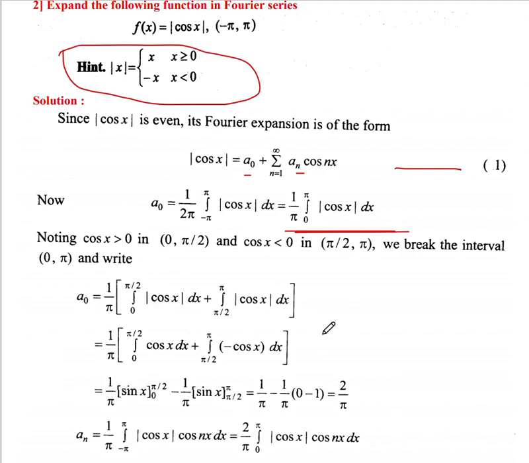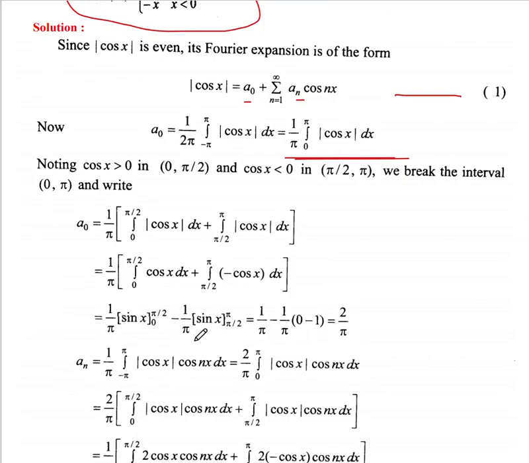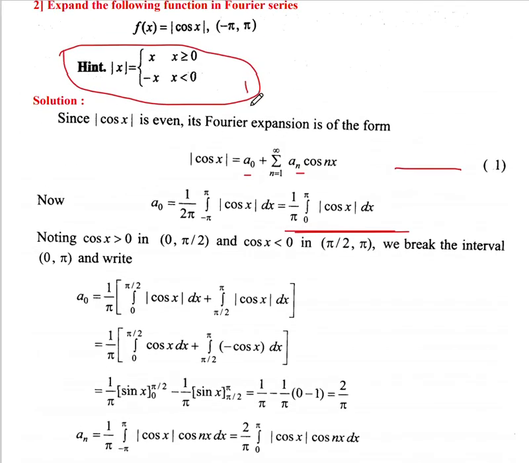Okay, so we know that mod of cos x is always positive for the positive value of x. By using this concept, for the value of x greater than or equal to 0, this will give the positive value, and for x negative, this will give the negative value.